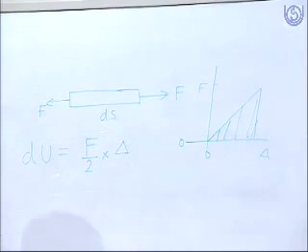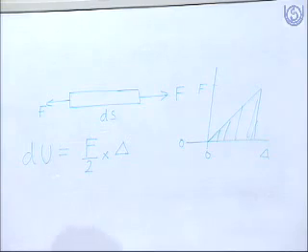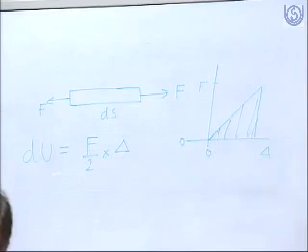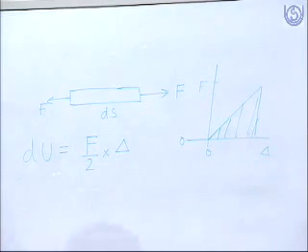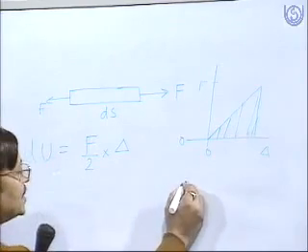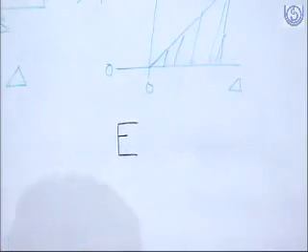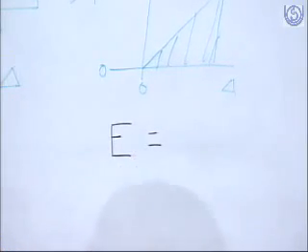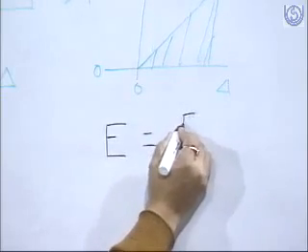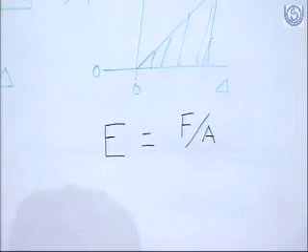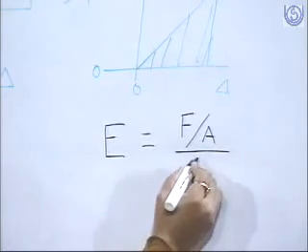Now what is delta here? You know from your classes in strength of materials that modulus of elasticity E is equal to stress upon strain, and stress is F divided by A, where A is the area of cross section of the member, divided by strain.